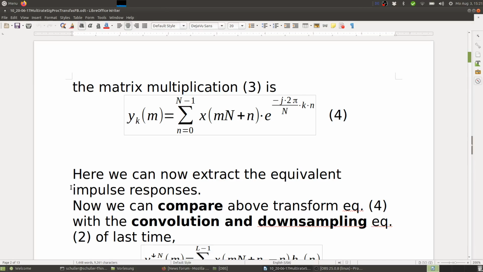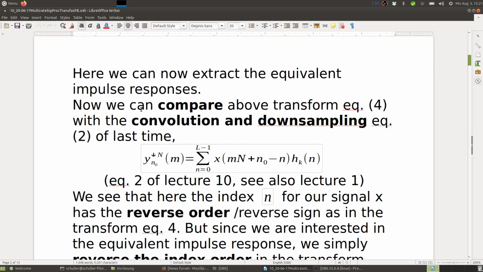Now we can extract the equivalent impulse responses when we look at this equation. We compare above our transform equation, number 4, with the convolution and downsampling equation, equation number 2 of last time. This is what we got out of the filter bank equation, filtering including downsampling. So we have this downsampling by a factor of capital N for block lowercase m, and this was the equation coming from the downsampled convolution.